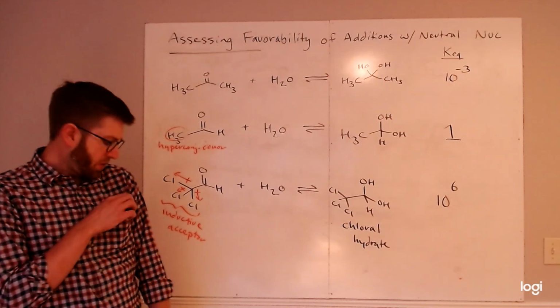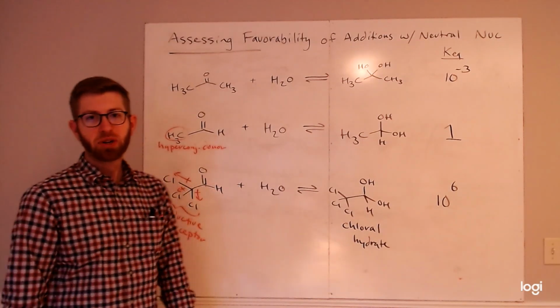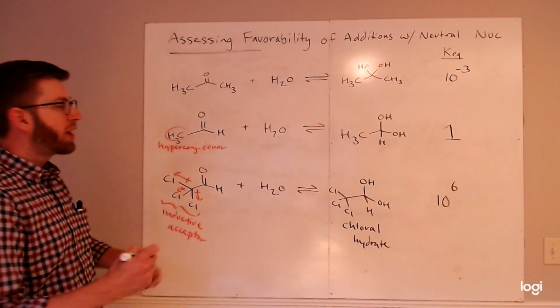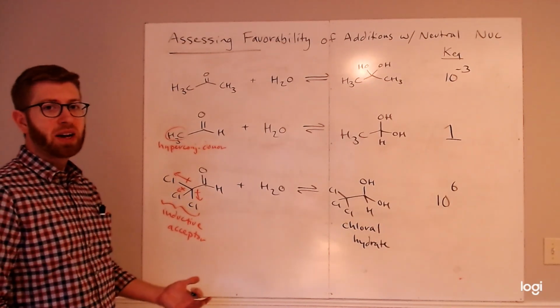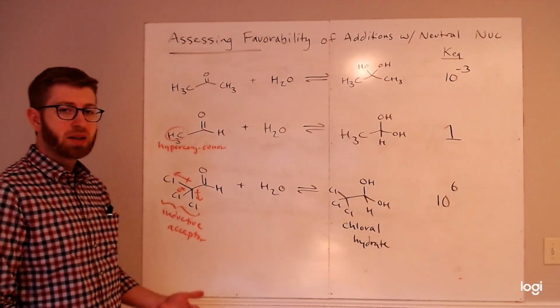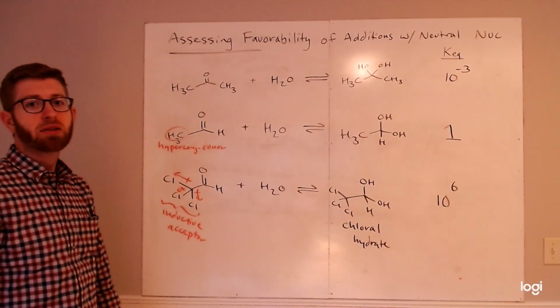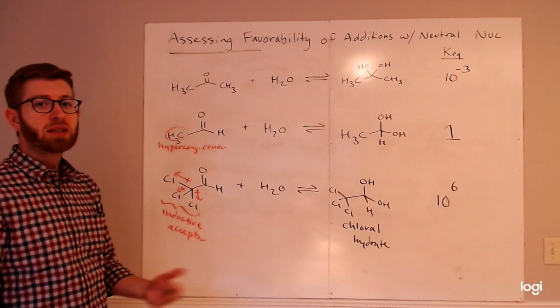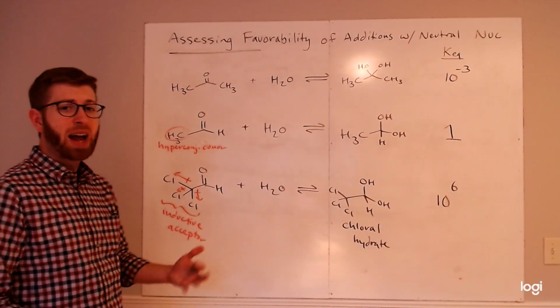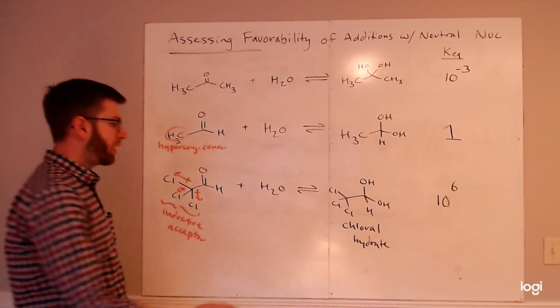Okay, so the big takeaway here, aside from the fact that chloral hydrate is pretty cool, is that in a case where nucleophile anion stability isn't helpful, so if we have neutral nucleophiles, we can actually analyze the electrophilicities of carbonyls to make decisions about how favorable or how reversible these types of addition reactions are.